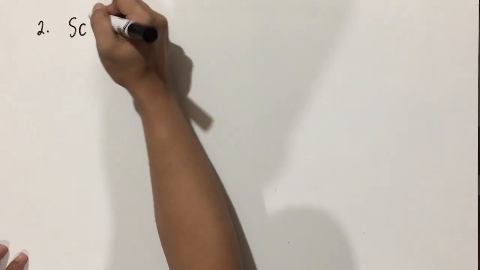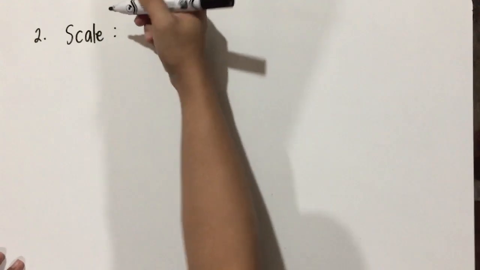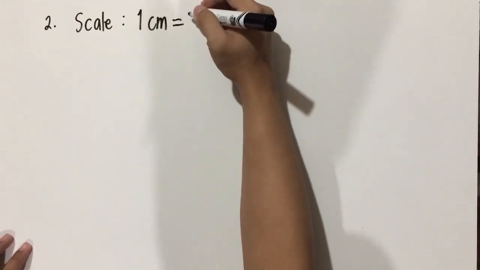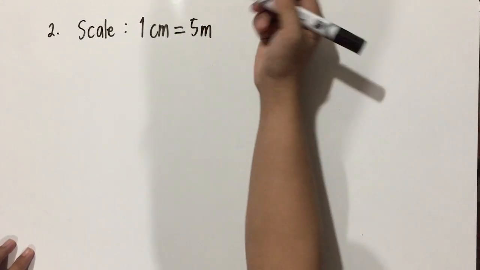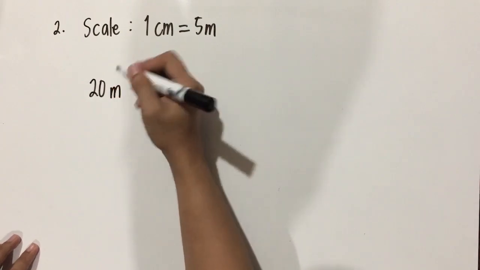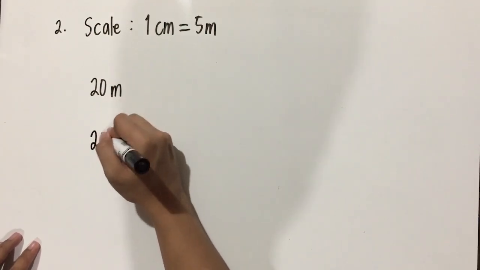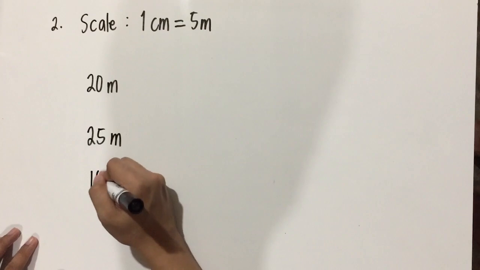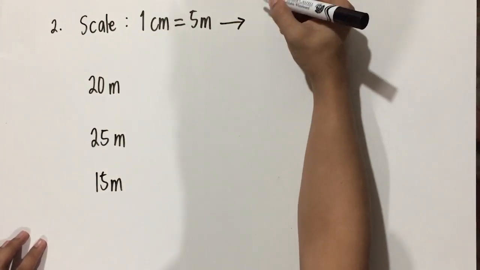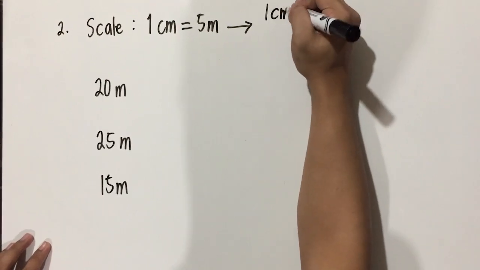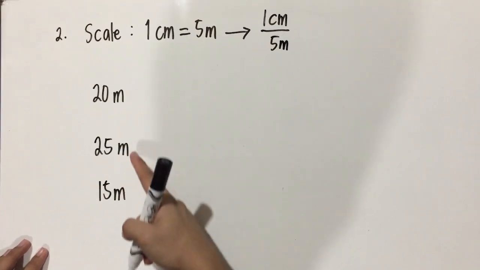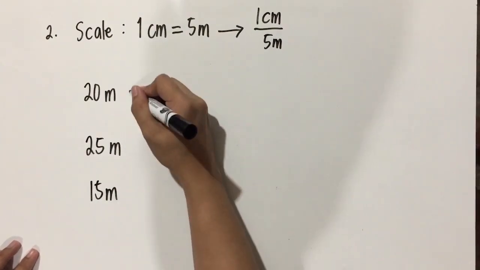So we have the scale, which is 1 centimeter is equal to 5 meters. And we have 20 meters for the first vector magnitude, 25 meters for the second and 15 meters for the third. So let's apply things you've learned from the dimensional analysis discussion in order for us to properly convert it into the given scale for each of the vectors.